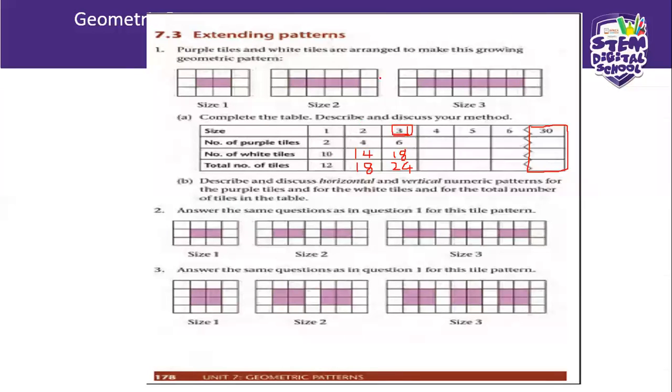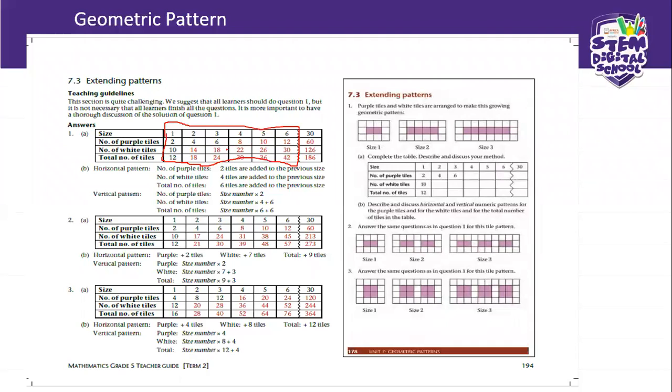Okay, let me make it easier. Let's show all the numbers. Here are all the numbers put together, right? How is each size related? Looking at all the numbers together, how is each size related to each other?